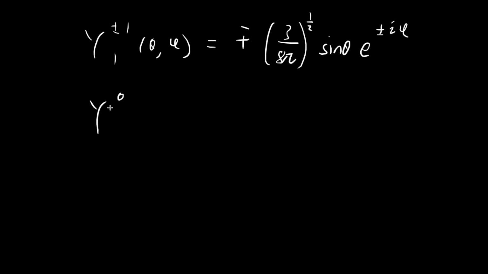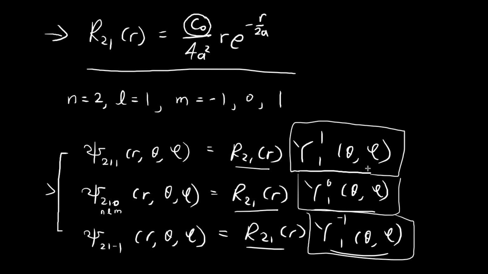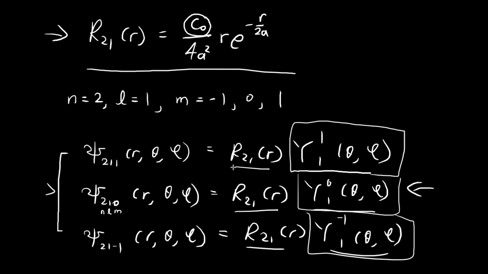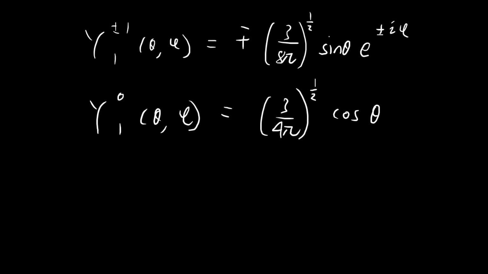And then also for Y10 of theta, phi, this would be used for this particular solution over here. If you look up the table, you will see that this particular function is equal to this constant multiplied by cosine theta. So now you can see that all that remains for us to do is to find R21 by finding the normalization constant. Once we do that, we can attach the spherical harmonics to obtain our solutions.